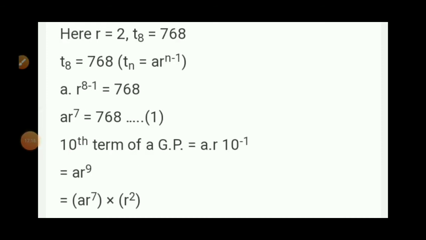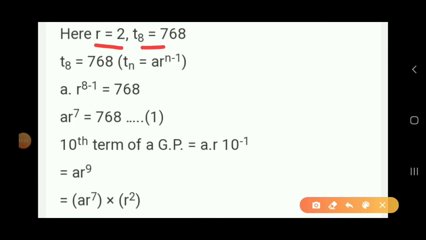Here R equals 2. T8 equals 768, so we use the formula Tn equals A R power n minus 1. So A into R power 8 minus 1, because n is 8, equals 768. So A R power 7 is equal to 768, equation number 1.